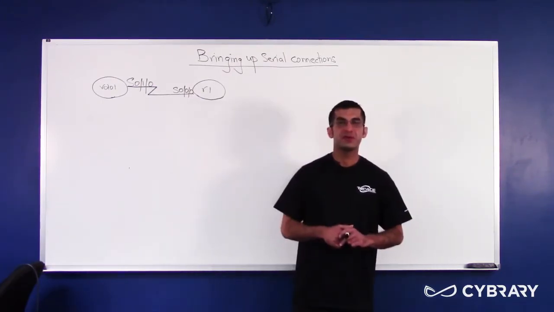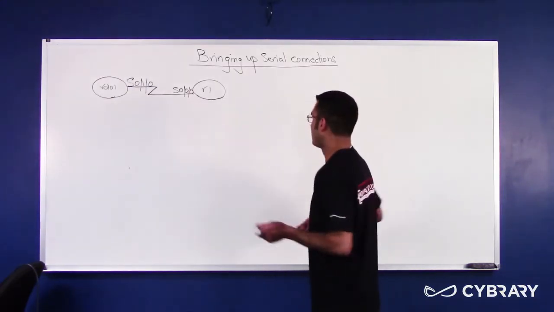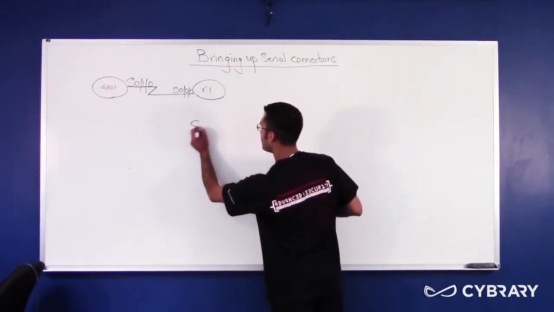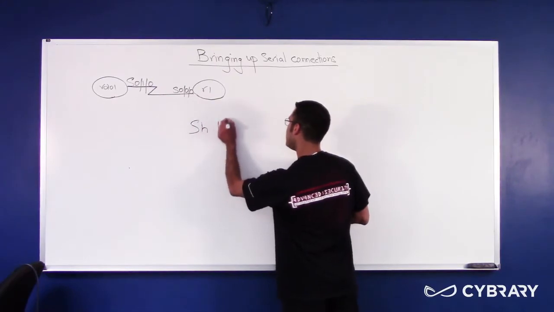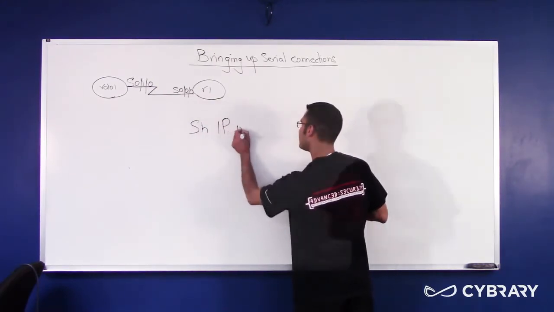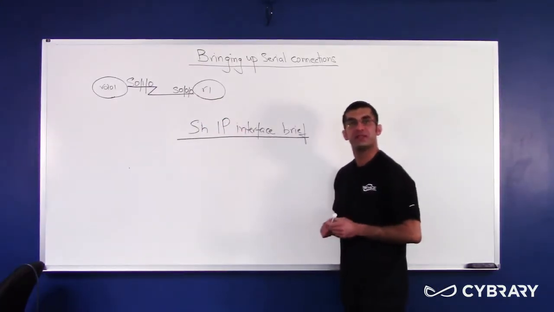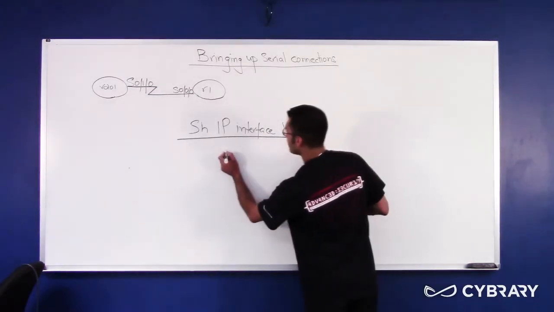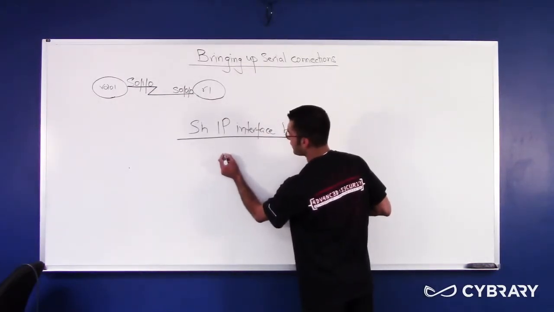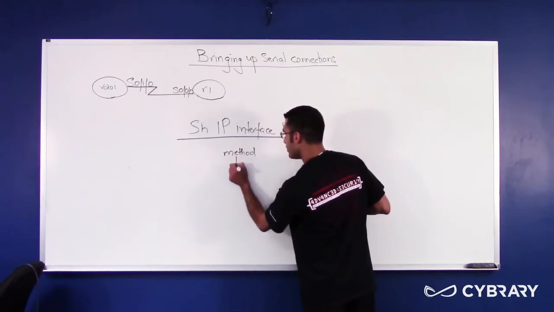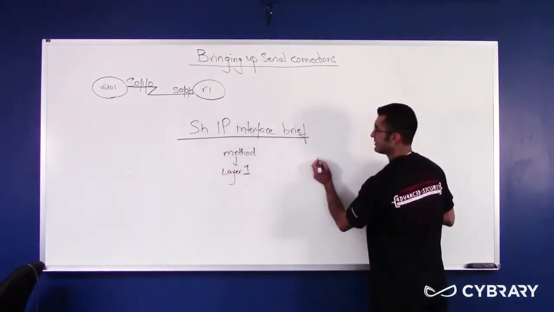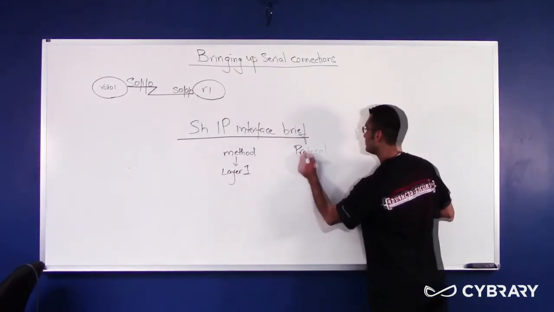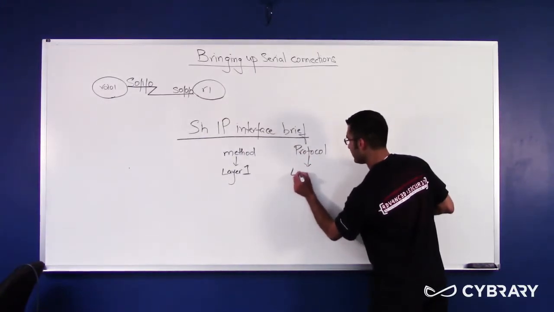As we do our lab, we will be exploring the show ip interface brief command. In this command, you will see there are three fields. The first two fields: the first one is status, which denotes layer 1, and the second one is protocol, which denotes layer 2.